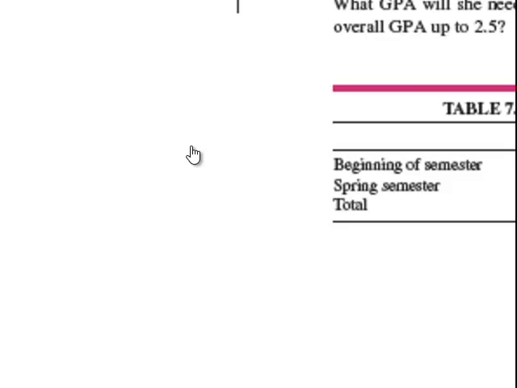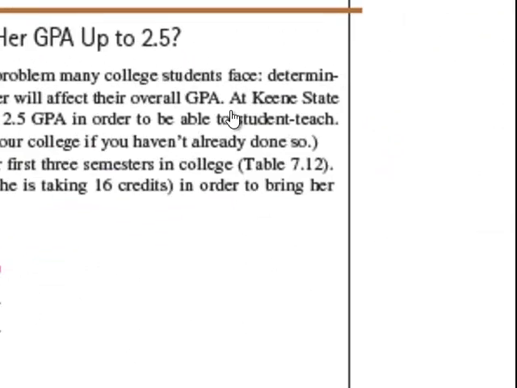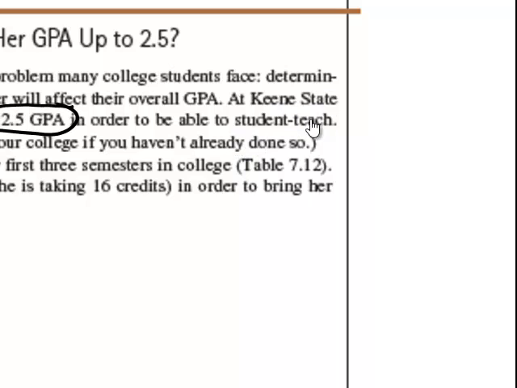It says we've got to have a 2.5, and Amy needs to bring her grade point average up. Sometimes that happens at the beginning. She wasn't as dedicated, and now she decides she's going to be dedicated. So she's got to figure out what she needs to make in order to get this 2.5.